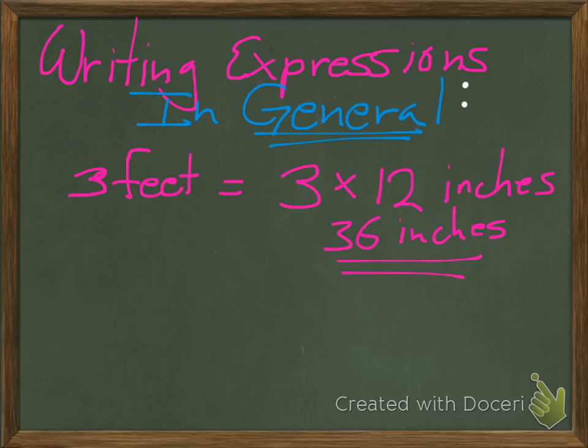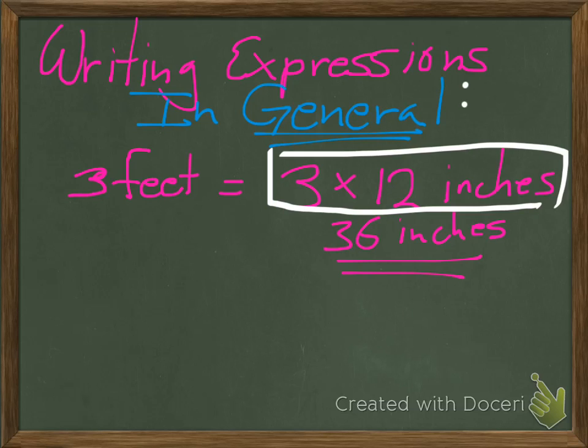But this thing right here is an expression for finding that 36 inches. Okay? Similarly, let's say we did days in the week. Again, we all know that there are 7 days in a week.